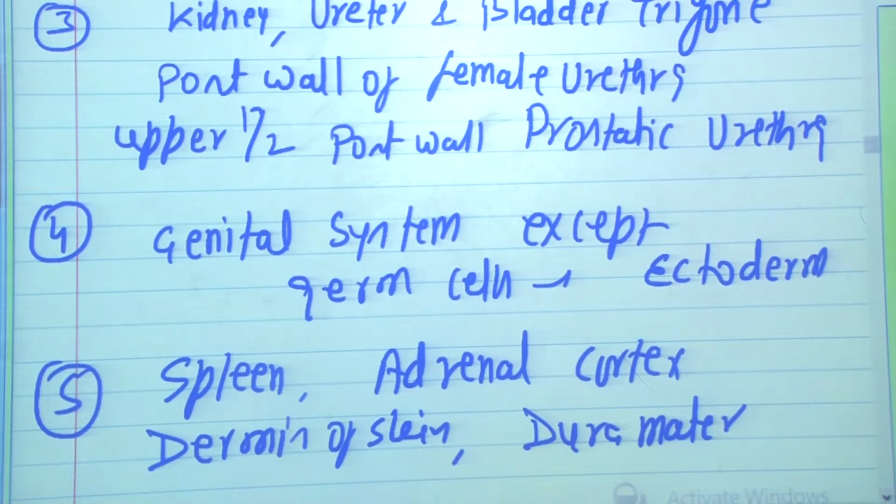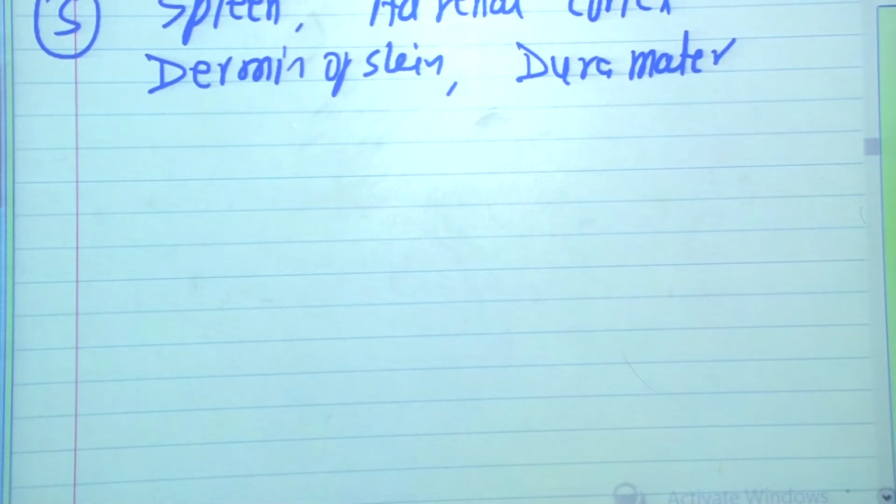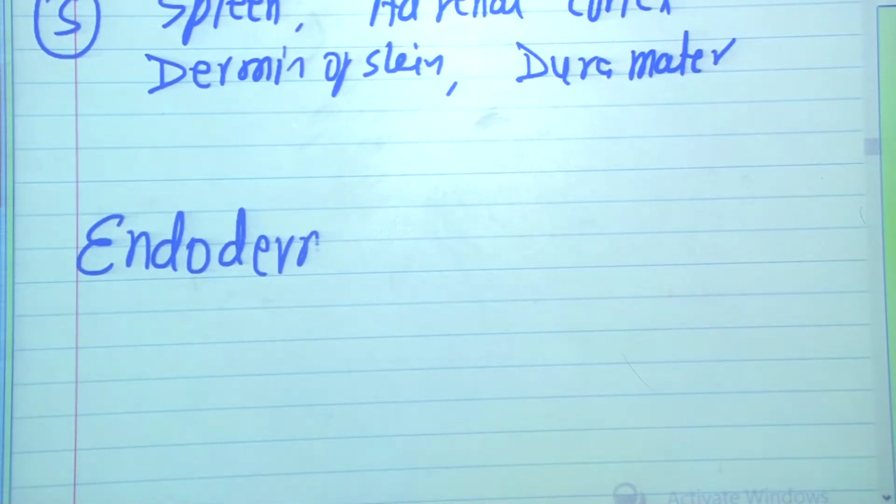These are all questions. Now the next heading is the endoderm. What important structures are derivatives of endoderm?